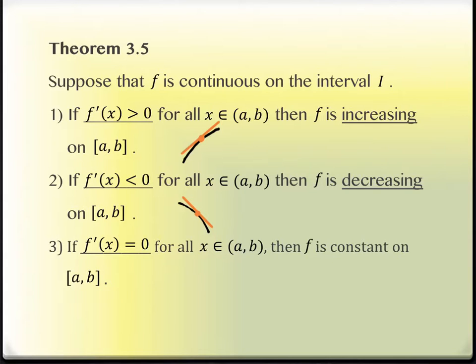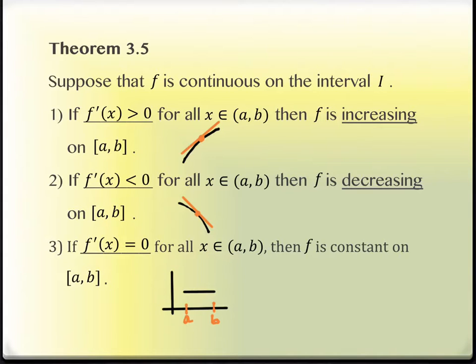And then we have this weird one here at the bottom that says if it's actually equal to 0, but it says on an interval. So imagine that we actually have an interval where we have a slope that's 0. So we have, I'll draw another graph here, an interval from A to B. And everywhere on that interval, I've got a slope that's 0, a derivative that's 0.